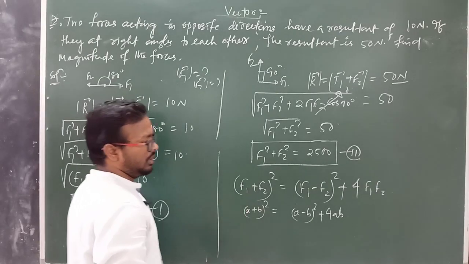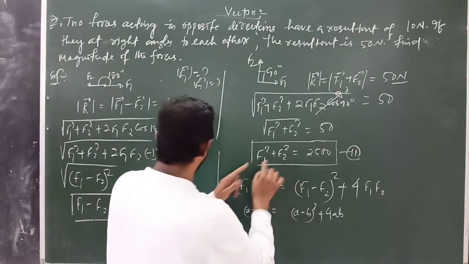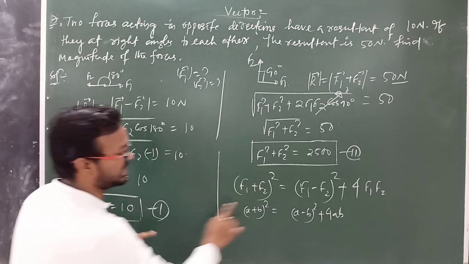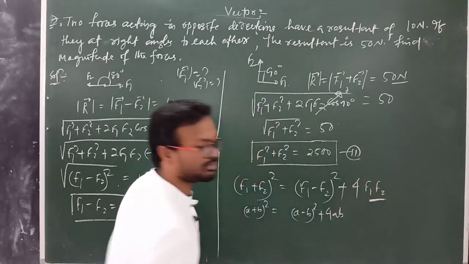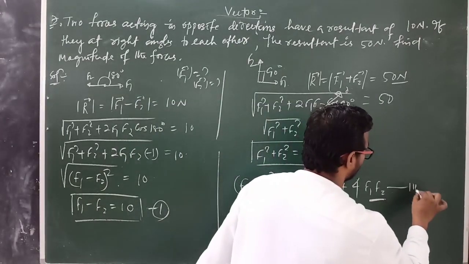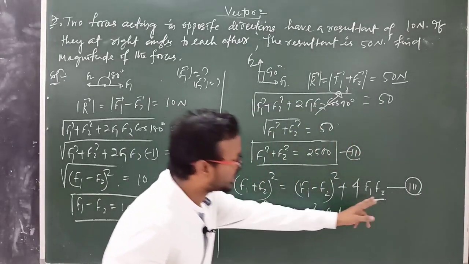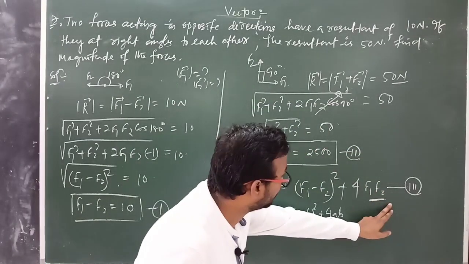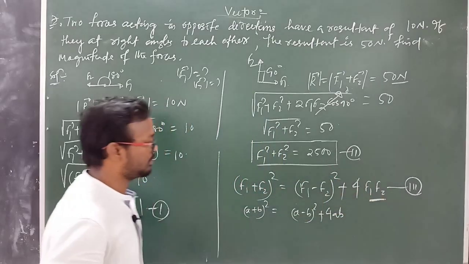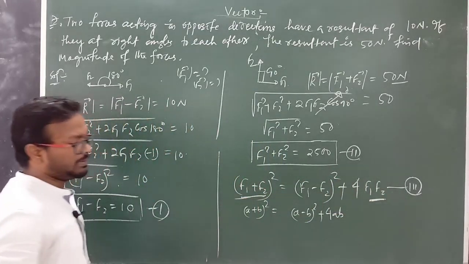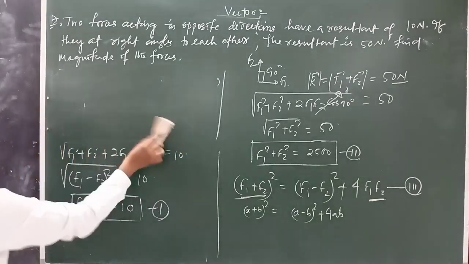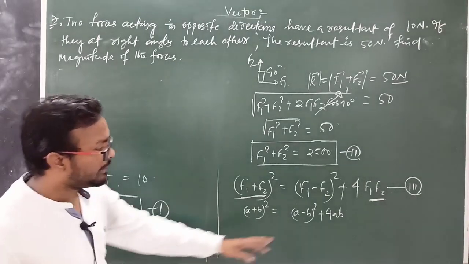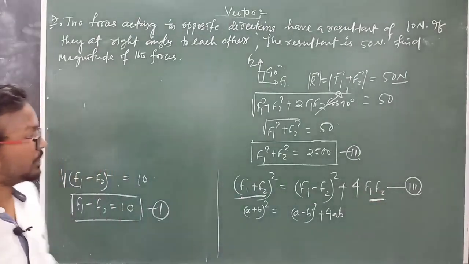Clear? Because F1 minus F2 is 10, first we have to find the value of F1 F2. Suppose this is equation number 3. If we place these values in this equation, we will get the value of F1 plus F2. So first find the value of F1 F2.